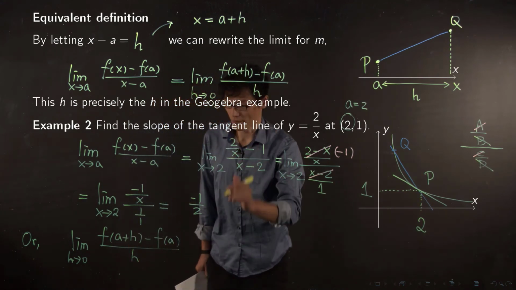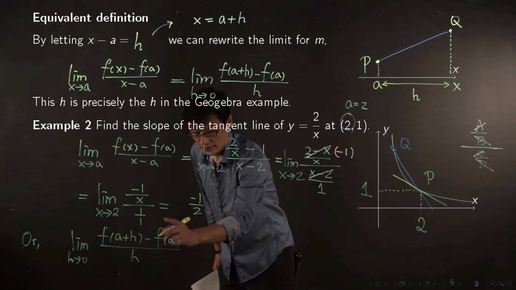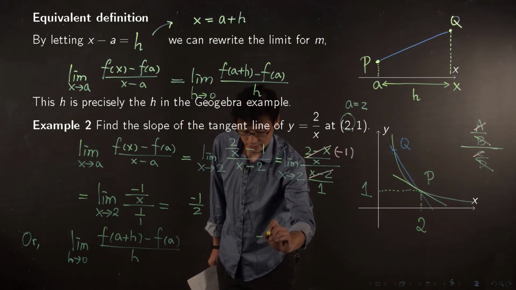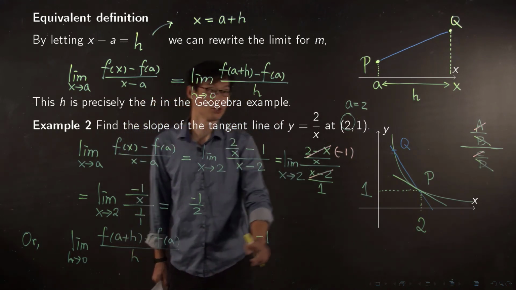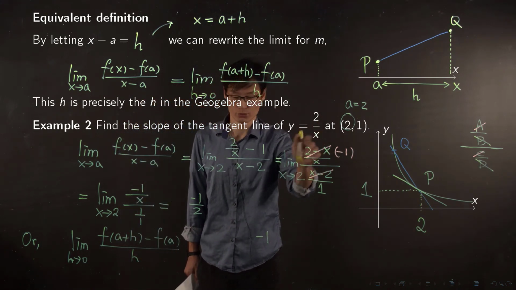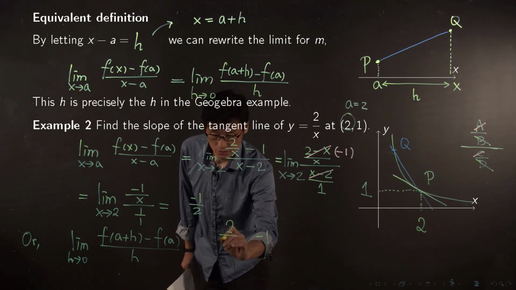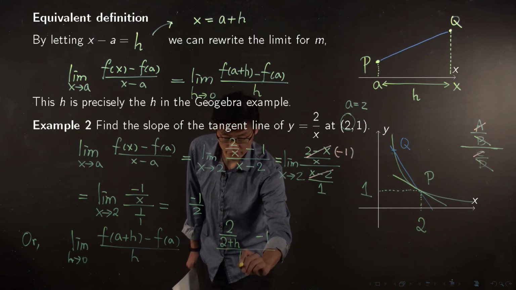Our function is 2 over x, so you plug in, well, f of a is again this number, so negative 1 again. If you plug in 2 plus h into this function, we have 2 over 2 plus h over h.